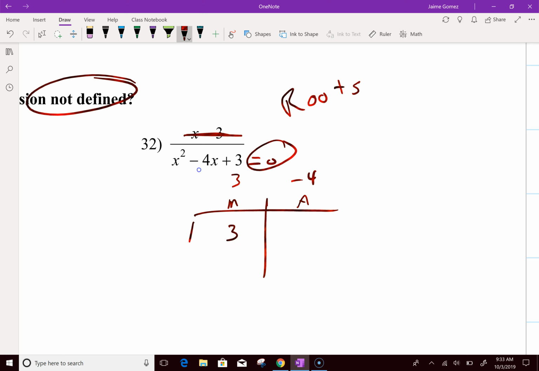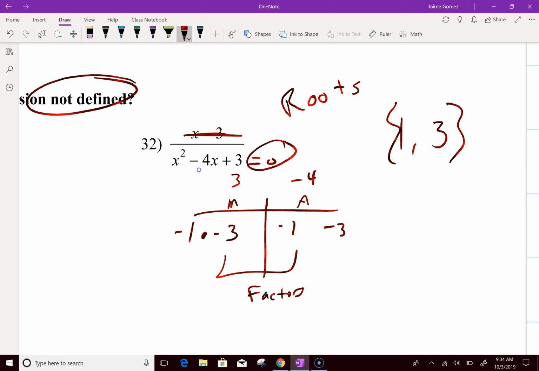Something with a 1 and 3. -1 and -3 gives me -4, so -1, yeah. -1 times -3, +3. -1 plus -3 is -4. Yep. Again, these are factors. I want the roots, so you switch a sign. +1, +3. Those are the roots. And that's it. All right, later.